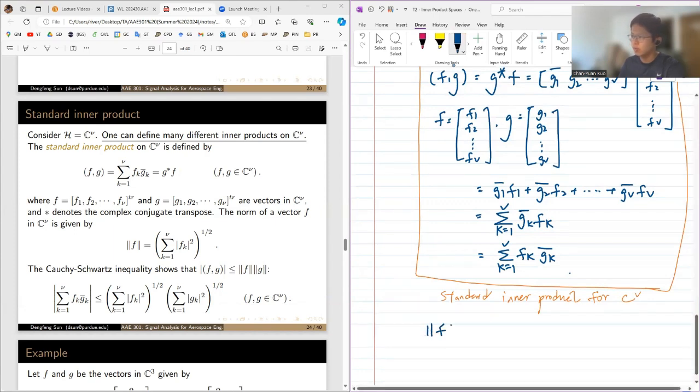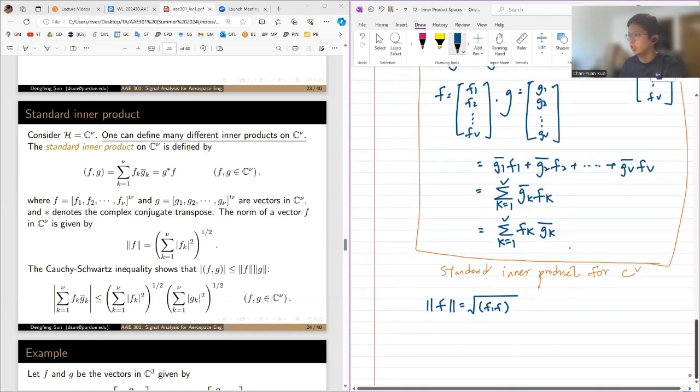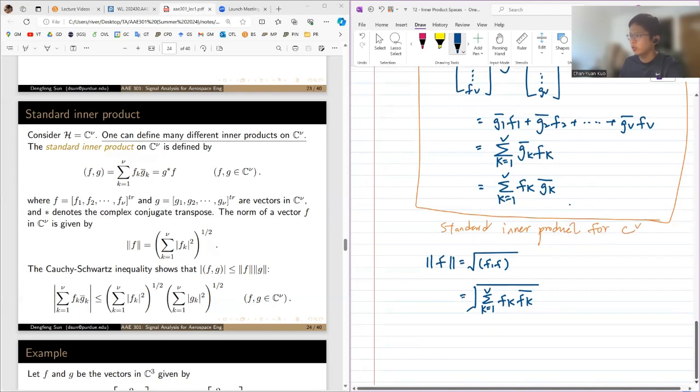Recall that the norm of a vector f is defined as the square root of the inner product of f and itself. And now we know what the inner product of f and itself is. It is essentially the sum of k equals 1 to ν of fk times the complex conjugate of fk. And when you have a complex number multiplied by its complex conjugate, you get the squared absolute value of that complex number.